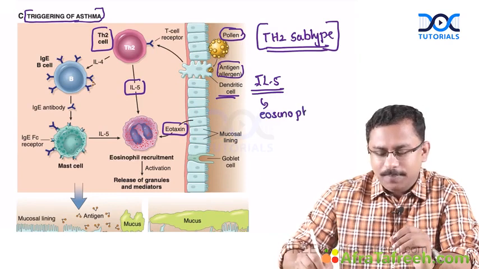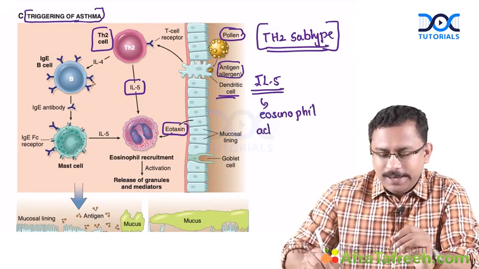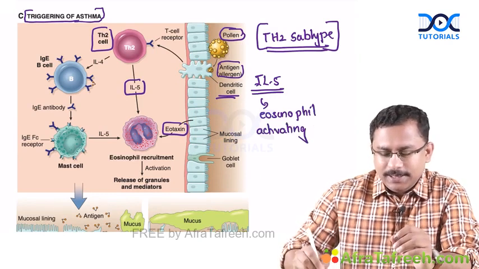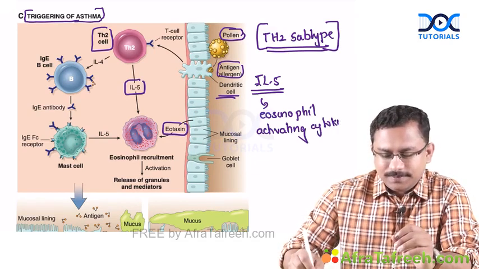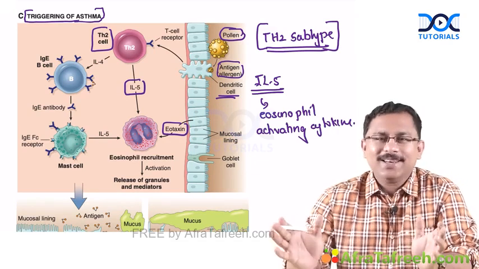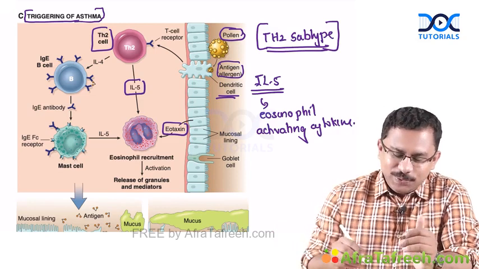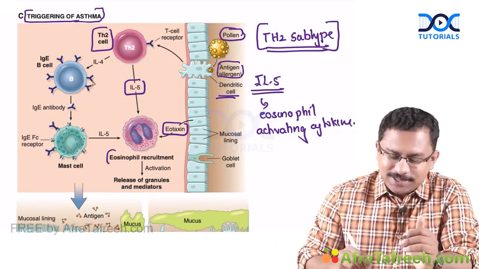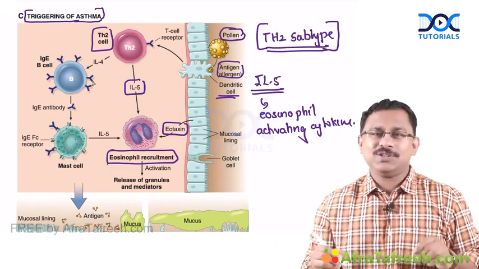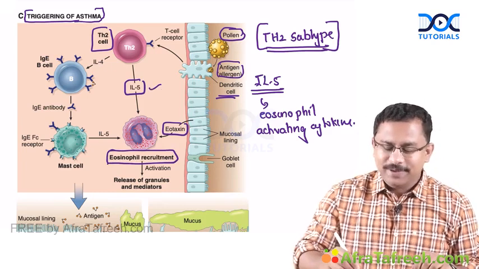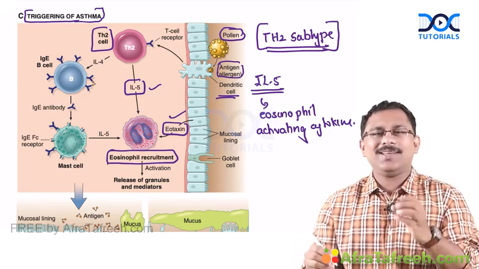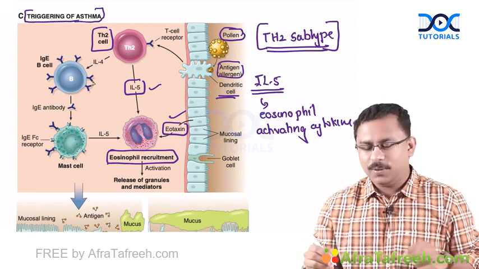So this will cause the recruitment of eosinophils. That is, both IL-5 and eotaxin together will cause eosinophil recruitment.